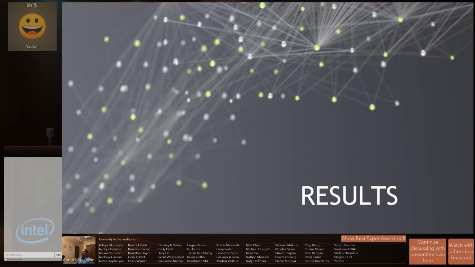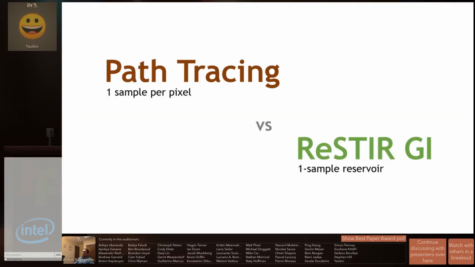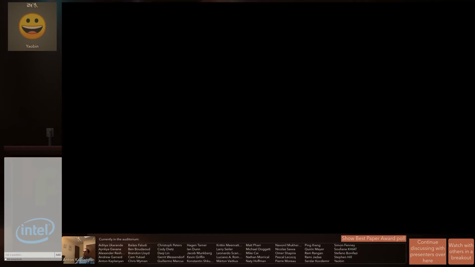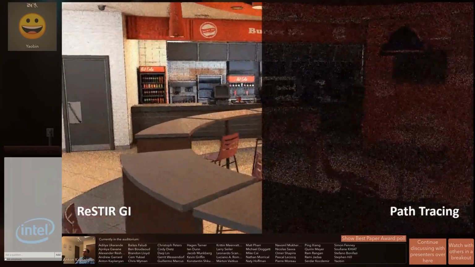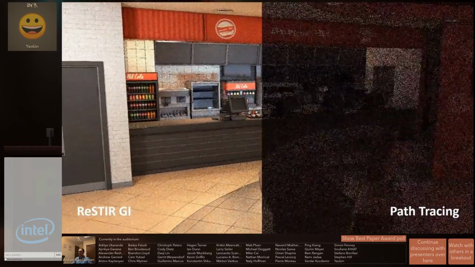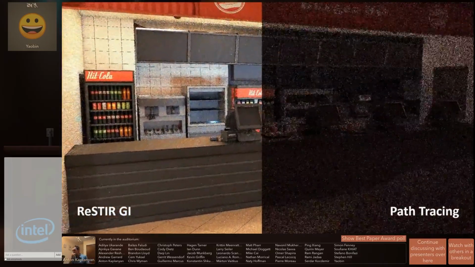Now let's check the results. Here is a comparison between path tracing and ReSTIR GI without denoising. The path traced result is much noisier than ReSTIR GI's.